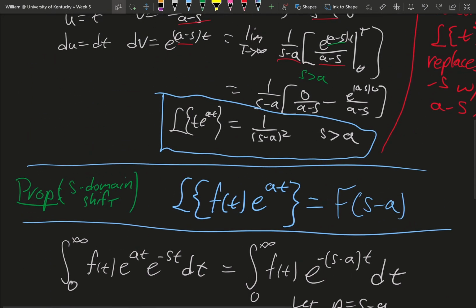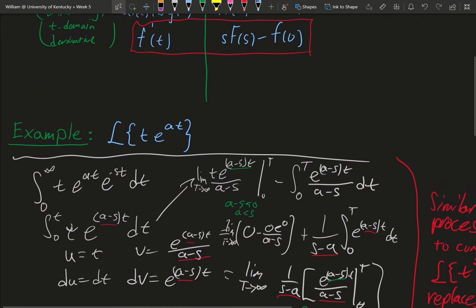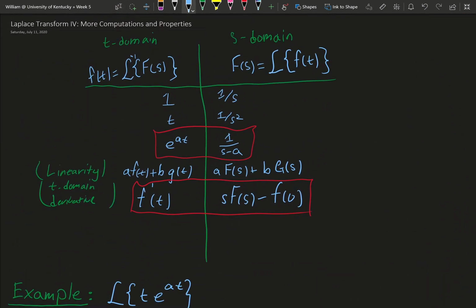Okay, so let's take a look at this and just compare it to some of our previous things. We already knew that the Laplace transform of t is 1 over s squared.